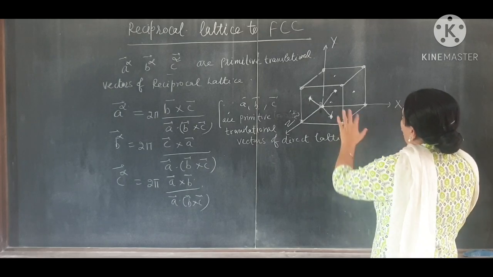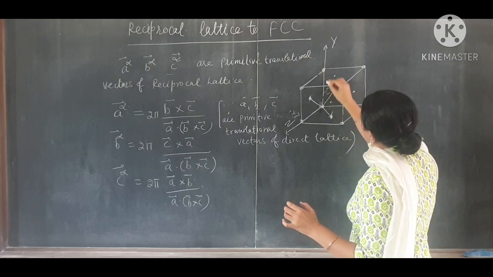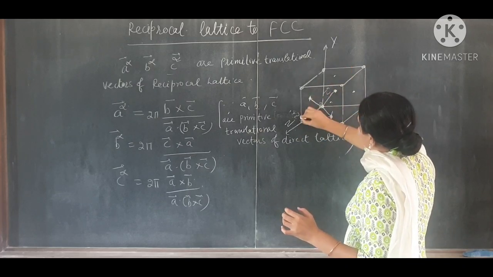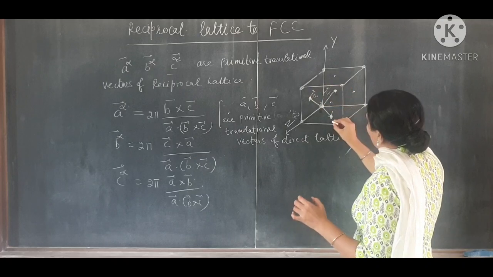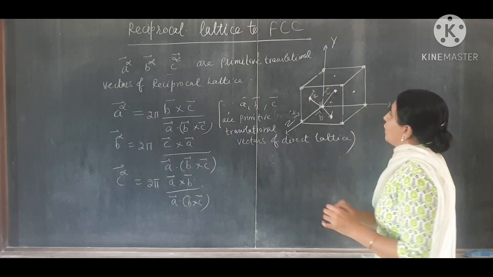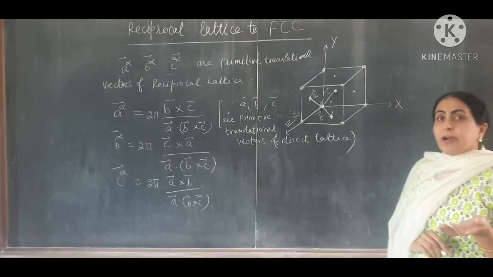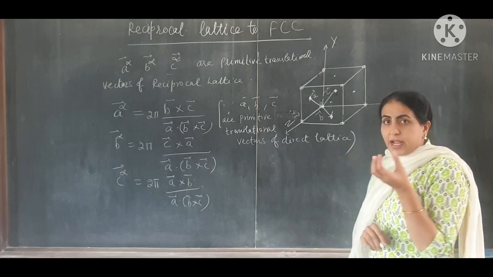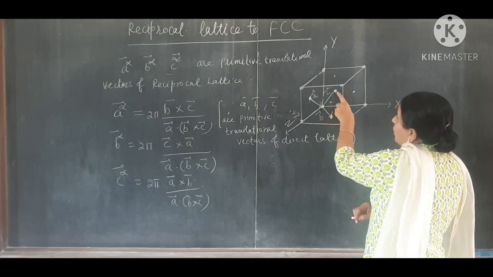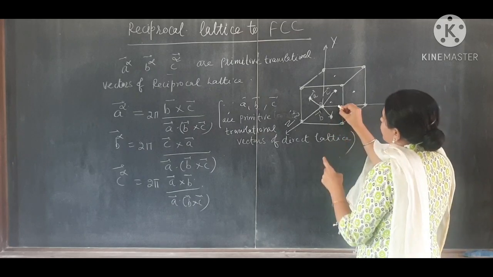So on xy take it as the c vector, on yz take it as the a vector, and on the xz plane take it as b. Then we have to find the coordinates of these, because they are at the faces. Suppose we want to reach this point.